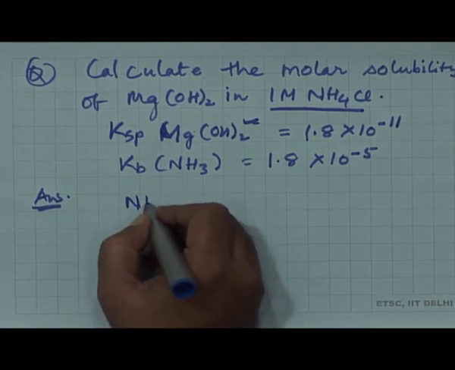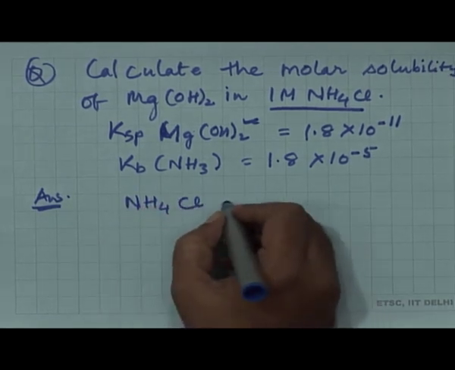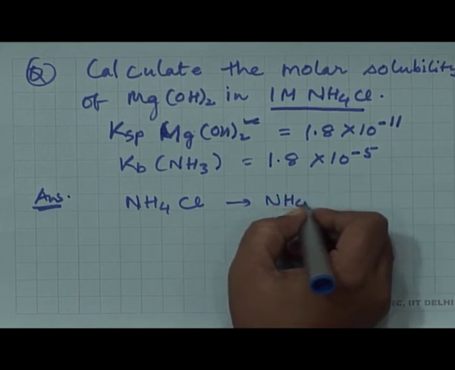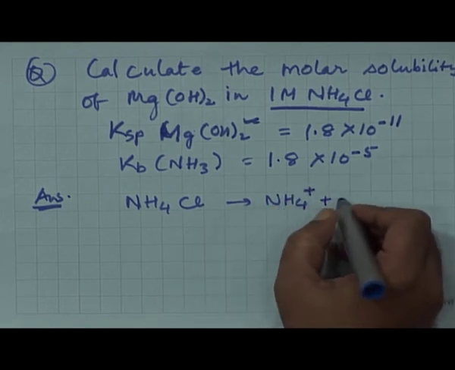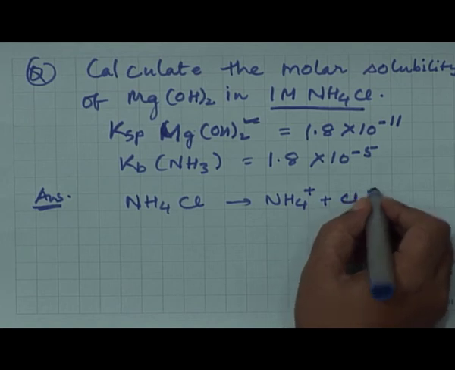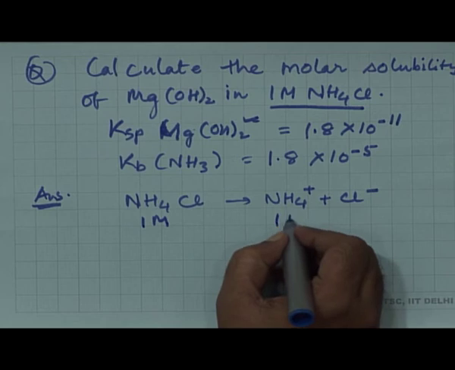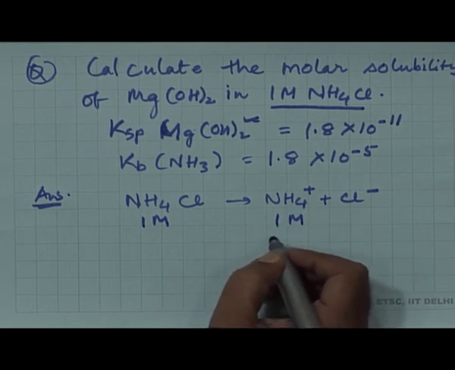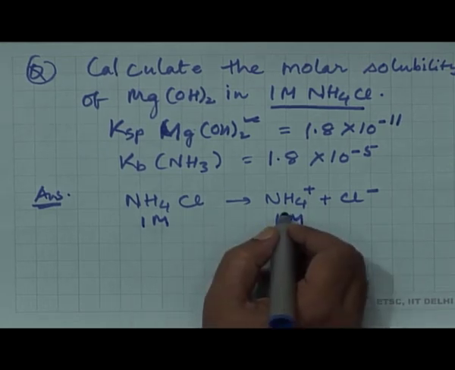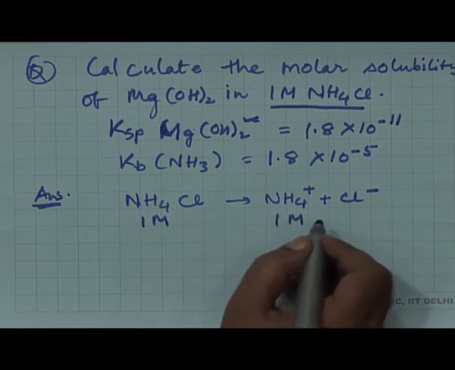So, ammonium chloride is a soluble salt, and that will give you ammonium plus and chloride ion. If we started with 1 molar ammonium chloride, we will get 1 molar ammonium ion, since this is a soluble salt and there will be complete dissociation.